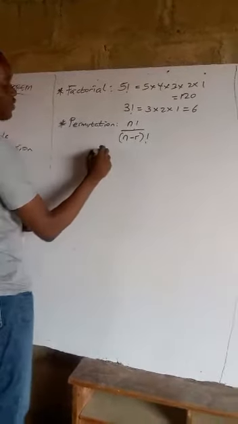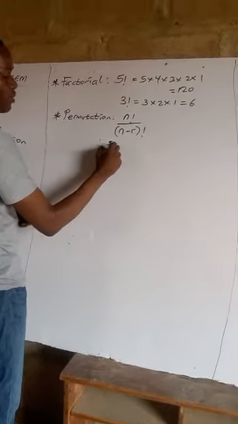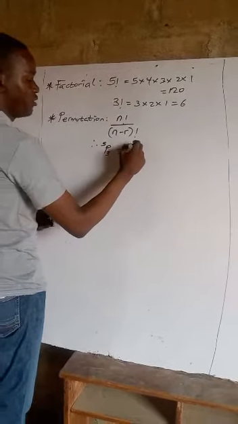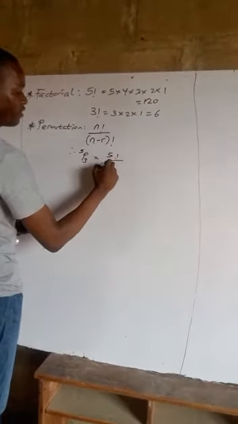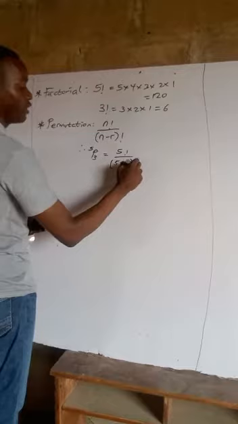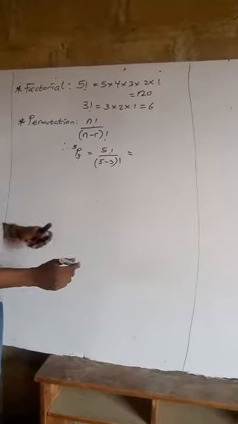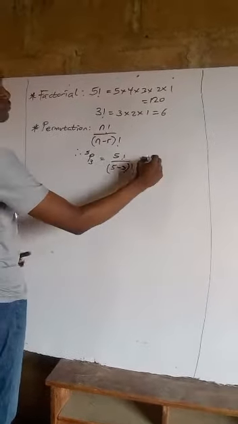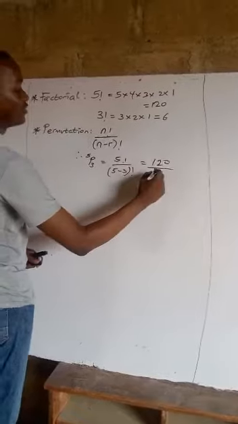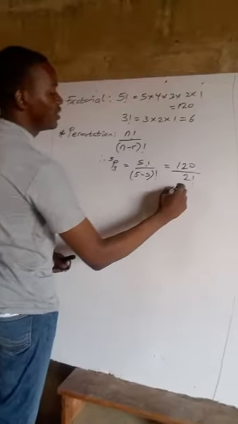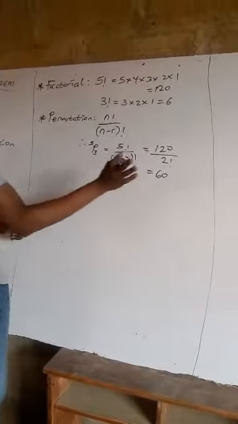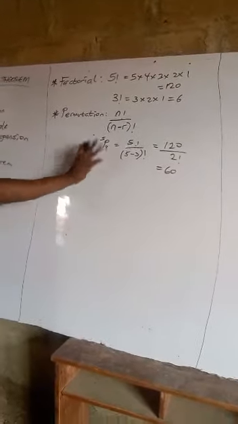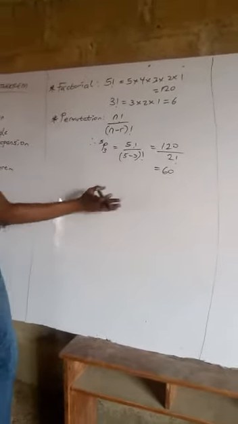So if you have something like 5 permutation 3, it's like saying 5 factorial over 5 minus 3 factorial. And 5 factorial is 120, then 2 factorial, that is 60, and so on and so forth. So there's not much discussion about that.